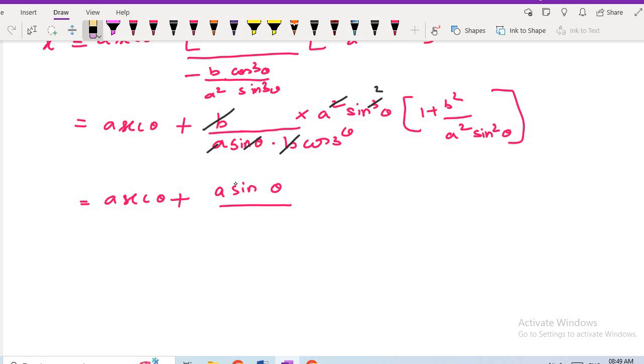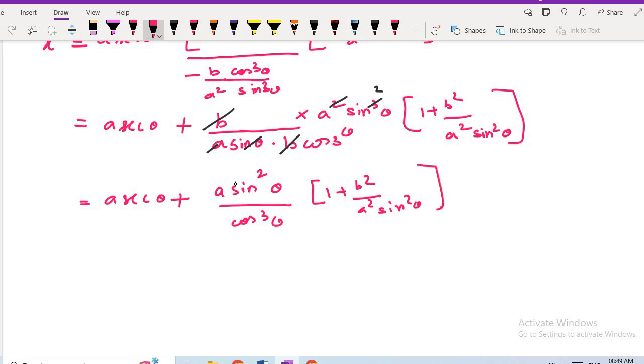This term becomes a square sine square theta divided by cos cube theta. b already cancelled, so the rest of the term is 1 plus b square by a square sine square theta. Okay, so we are getting this one.